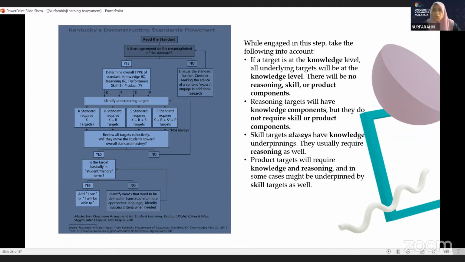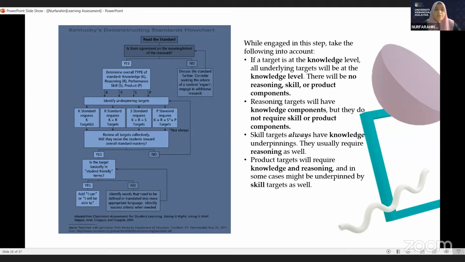But if you want to go beyond that, you want to combine, it's okay, but you have to know your students' abilities. You need to know whether your students can go for it. Reasoning targets will have knowledge components, but they do not require skill or product components. Skill targets always have knowledge underpinnings. They usually require reasoning as well. Product targets will require knowledge and reasoning, and in some cases, might be underpinned by skill targets as well.